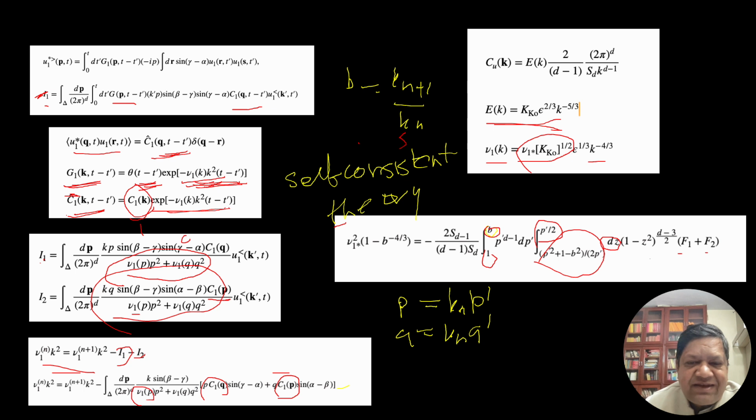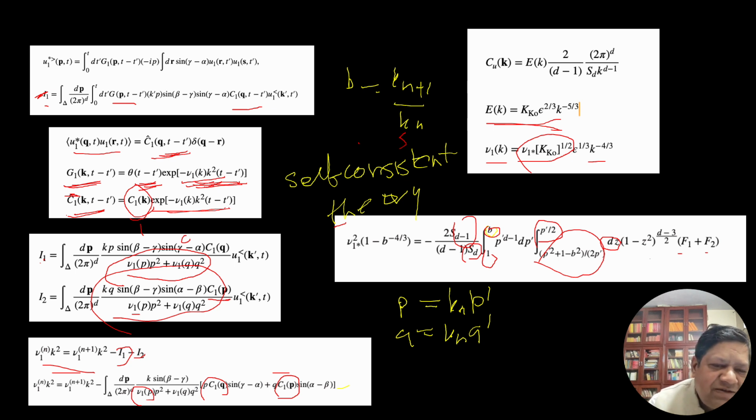And this S_d is the area of the d-dimensional unit sphere. For 3D it is 4 pi; 4 pi k squared for radius k, but for unit radius it is 4 pi. S_{d-1} for 3 dimensions will be S2. Here the sphere is a circle, which is 2 pi. Okay, so anyway, this integral is there.